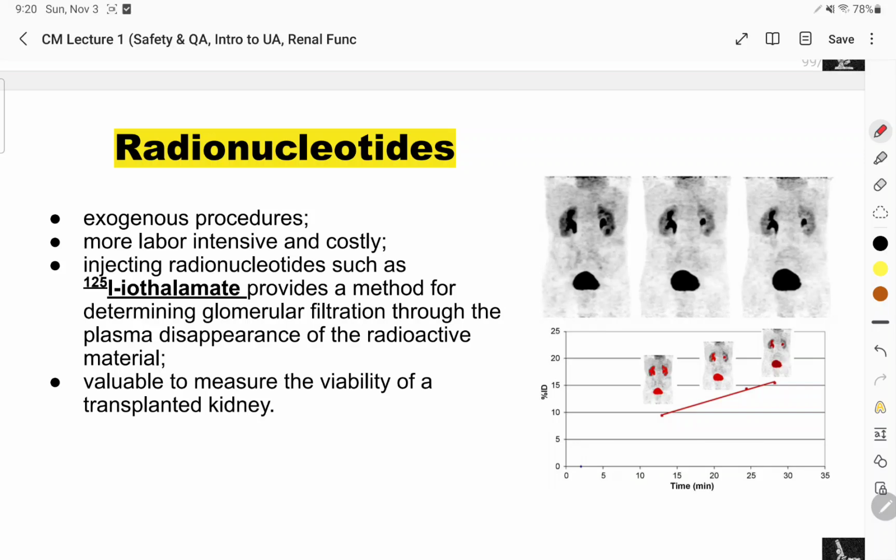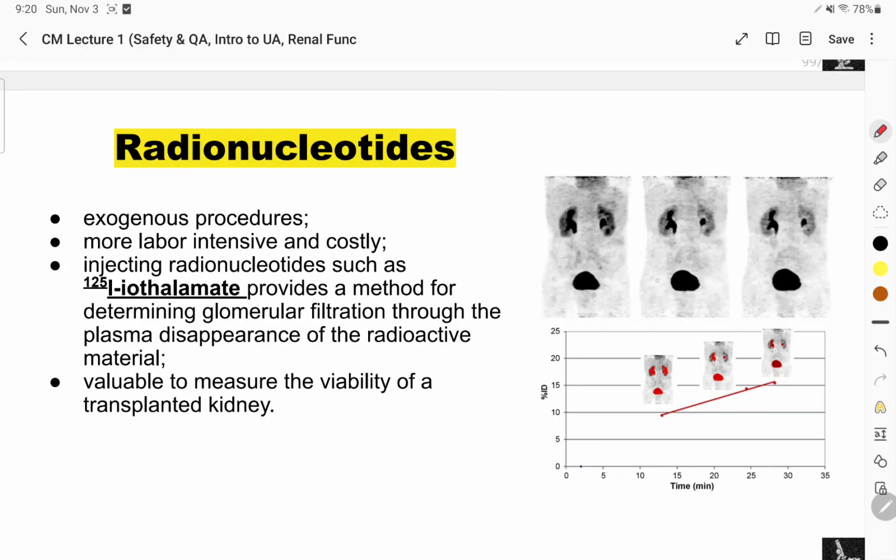So the rate of the disappearance of these radionuclides in the plasma correlates with the GFR of your patient. Okay? It is used to measure the viability of a transplanted kidney.